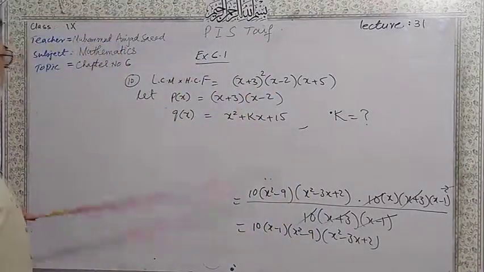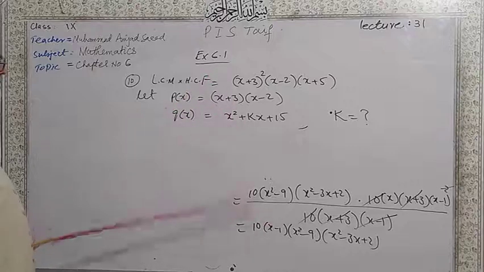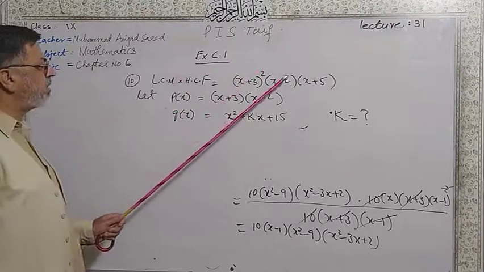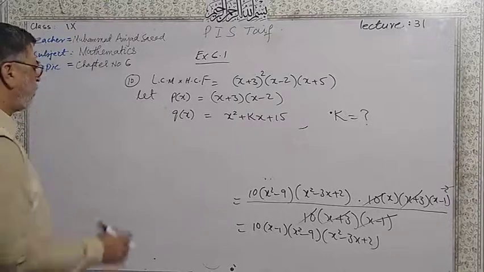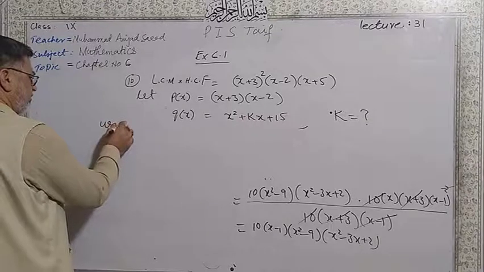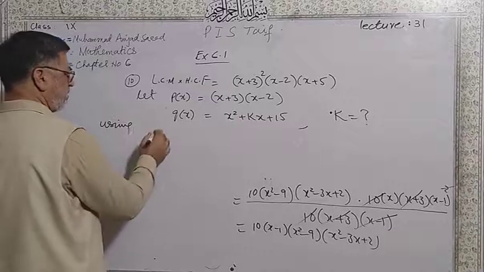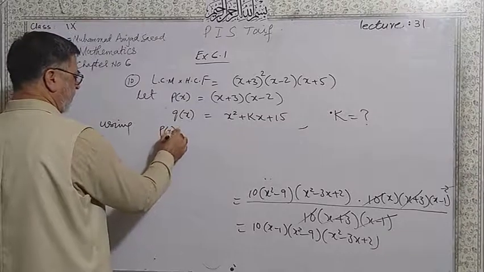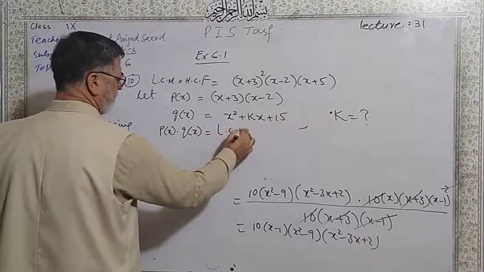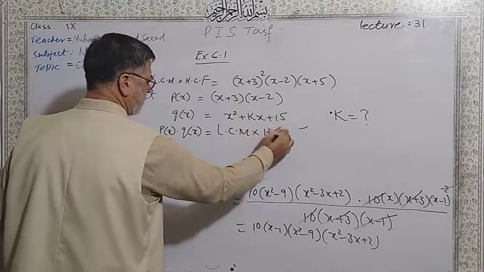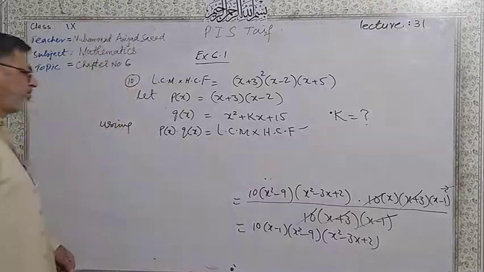Students, you have the data of this question. LCM and HCF product is given, P of x is given, Q of x is given. Now you can apply the formula: P of x into Q of x is equal to LCM into HCF. This is the formula.